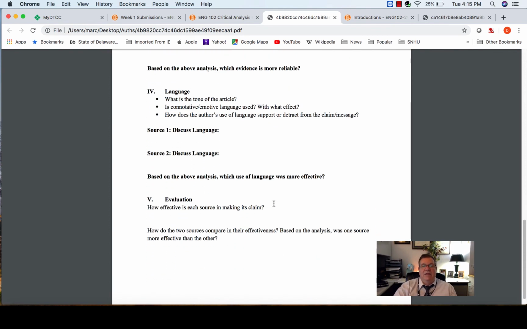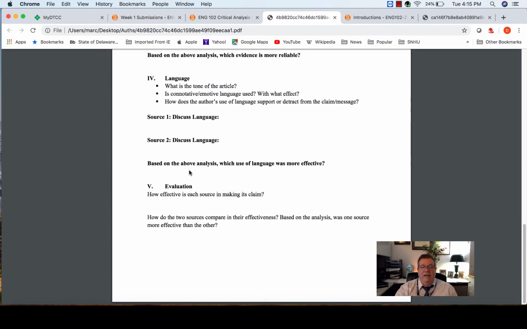And then same thing, language: discuss the language in the one, discuss the language in the other, and then which one is more effective. Okay. Finally, this last question here will help you come up with a thesis statement, because how effective is each source? So kind of going back to the last sentence in our sample essay.